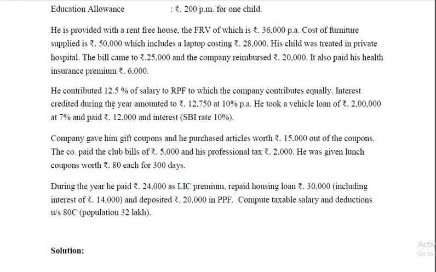So here it is 15,000, more than 5,000. Entire amount is taxable here. Okay. The company paid the club bills of rupees 5,000. So if it is extended to all the employees, okay, here it is extended to only one employee, therefore it is fully taxable.